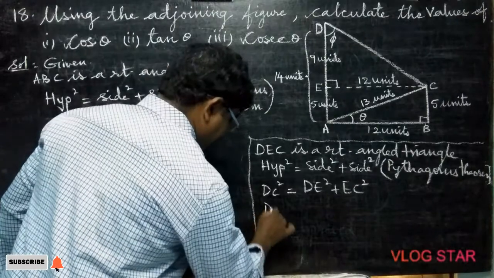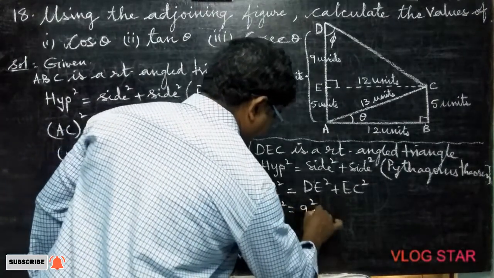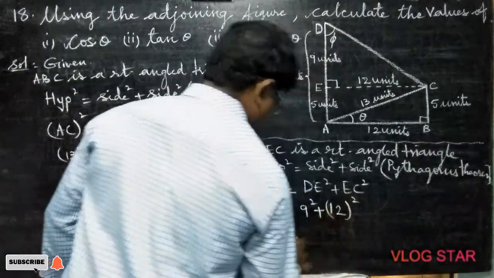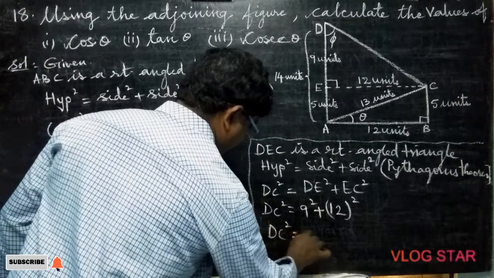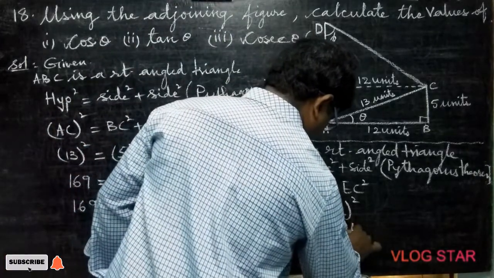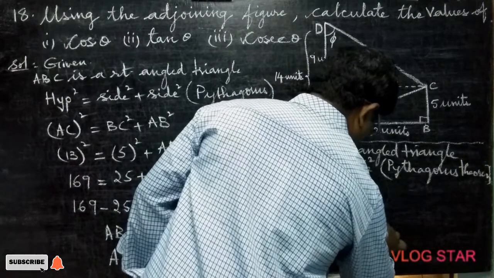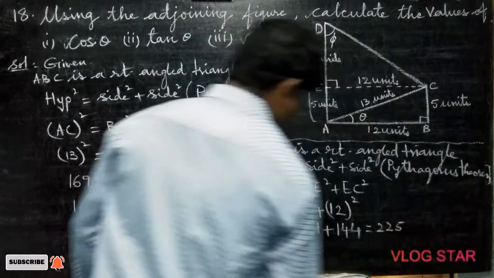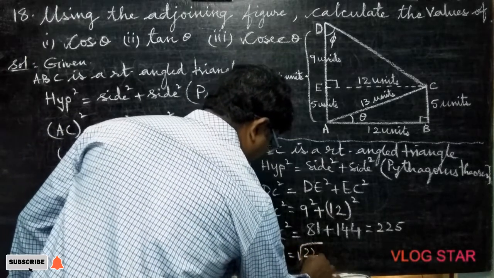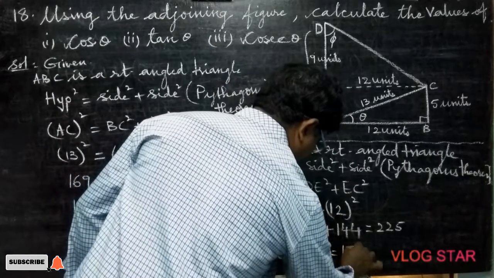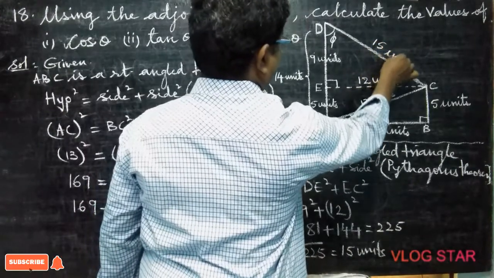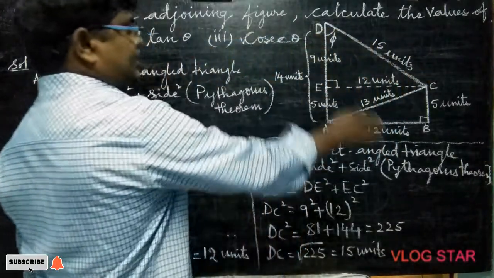So DC square is equal to 9 square plus 12 square. 9 9s are 81, 12 12s are 144. If you add, 225. We want DC. DC is equal to square root of 225 is equal to 15 units. So how much you got DC? 15 units right here.